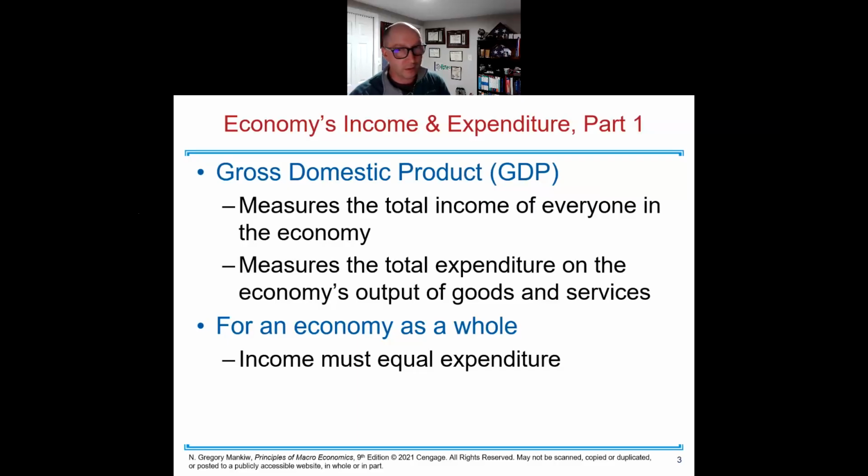Think about it this way from a business perspective. The income being generated comes from sales of goods and services, and it comes from the overall productivity of the economy. Okay, that's where the income comes into play.